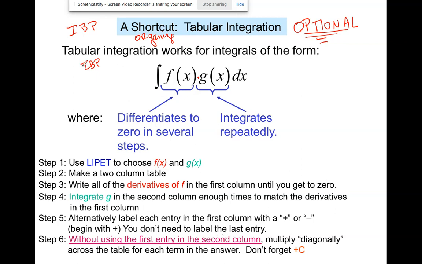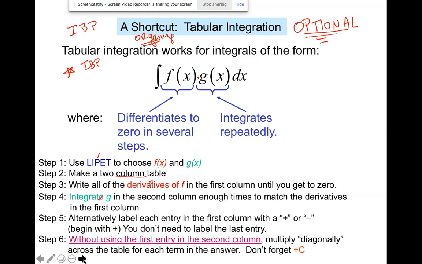But you are still doing integration by parts. You're just organizing it when you realize you are going to have to repeatedly use IBP. You still use LIPID, but then you organize in a 2-column table where the left side is derivatives and the right side is integrals.